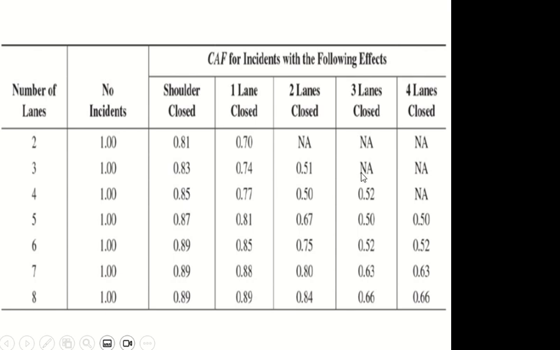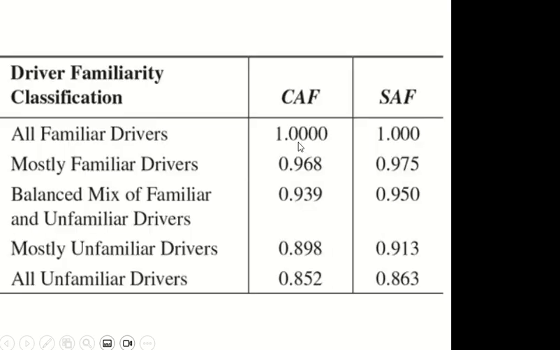These values which are written as NA, not available or not applicable, whatever you want to read it, mean that either these many lanes cannot be closed, for example 3 cannot be closed in two lanes, or that when you close these lanes the highway has completely become closed. So two lanes and both of them closed, highway is closed.